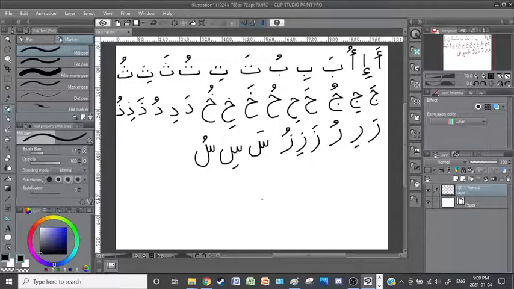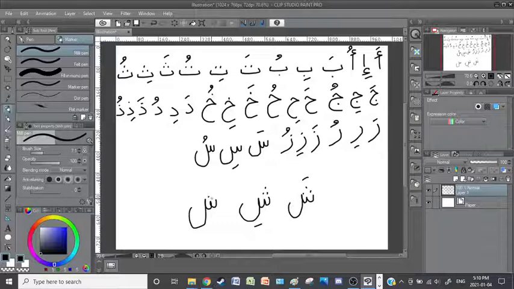Next we have sheen, which is the SH sound.